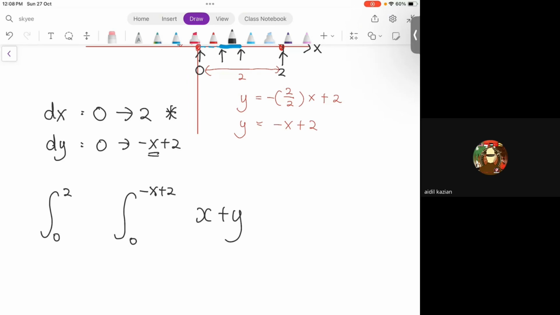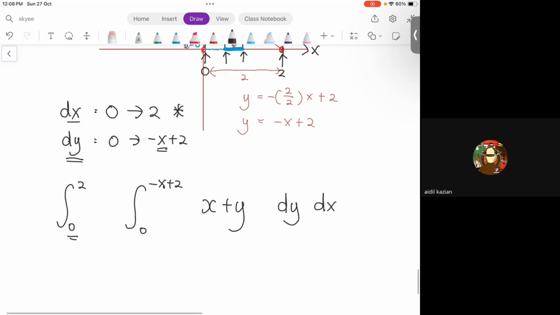You understand? Value, put outside. With variable, you put inside. When you're putting those with variable inside, you have to check what is the interval. It's dy, so matching with dy, and this one is dx. So you have formed a double integral, and now you can solve for this double integral.